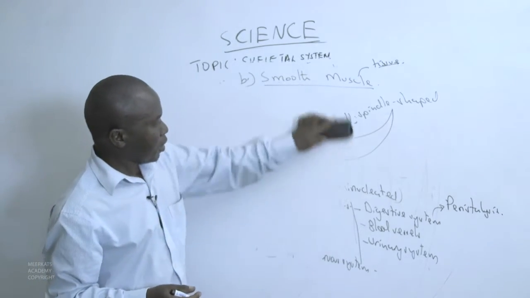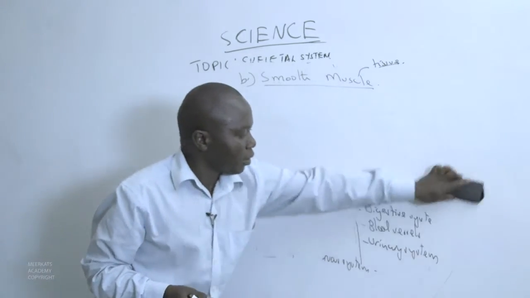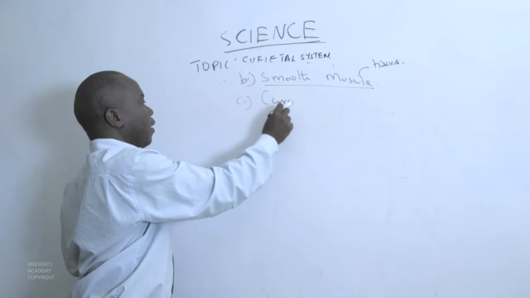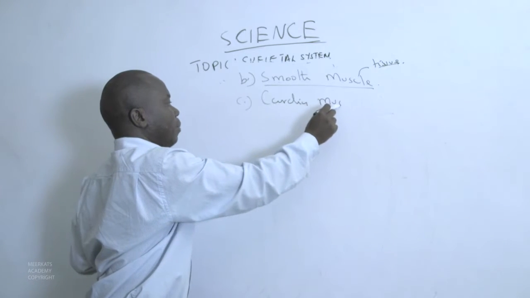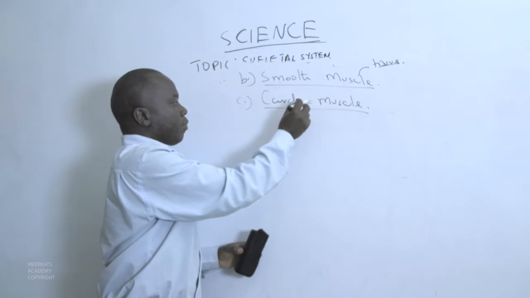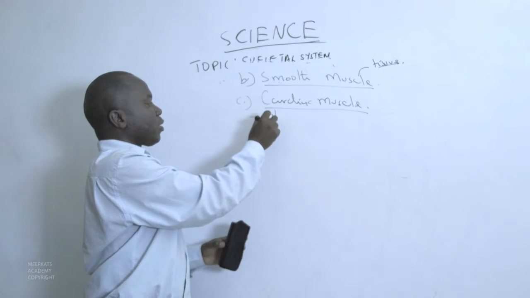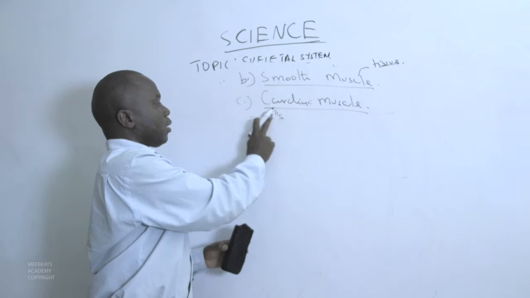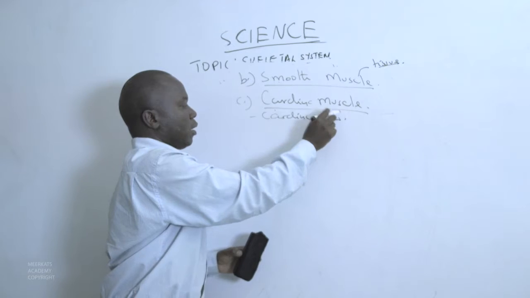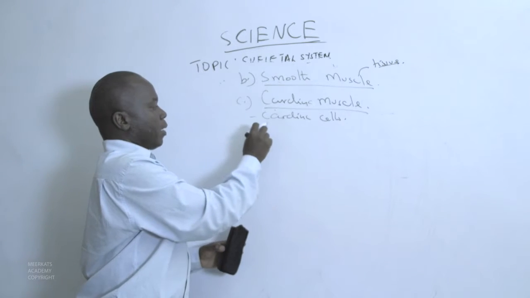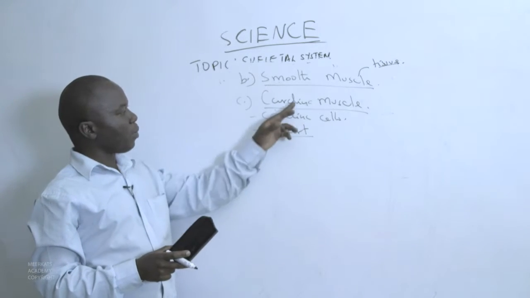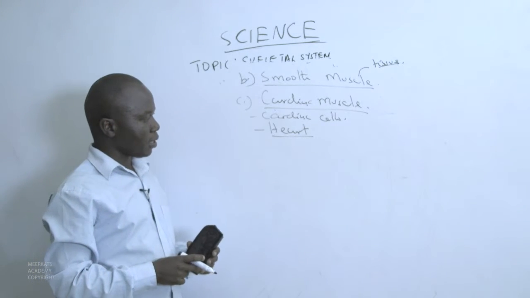And the last part is cardiac muscle. The last type of muscle is cardiac muscle. It is also made up of cells called cardiac cells. Not any other organ has this type of muscle, it is found mainly in the heart.